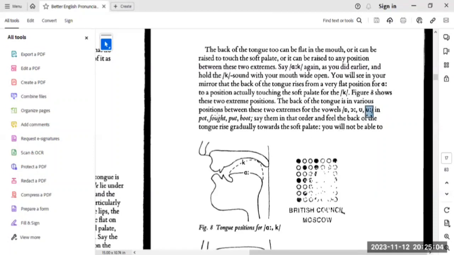So say pot. Pot. Pot. Then fort. Then put. And the last one, boot. Say them in order. You will feel what? The back of the tongue rises gradually towards the soft palate.